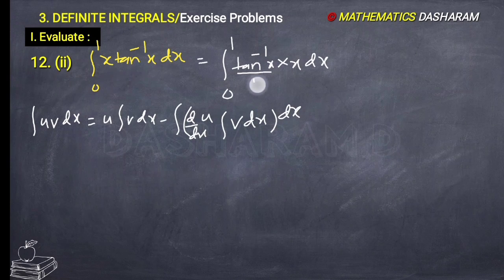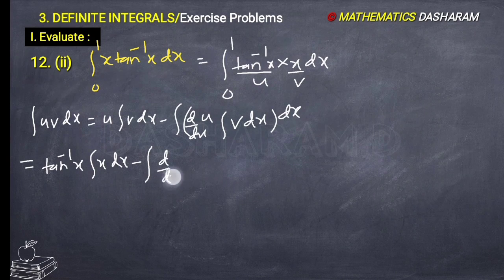Now tan inverse x is u, x is v, then u means tan inverse x into integration x dx minus integration d by dx of tan inverse x into integration x dx, and here whole dx.